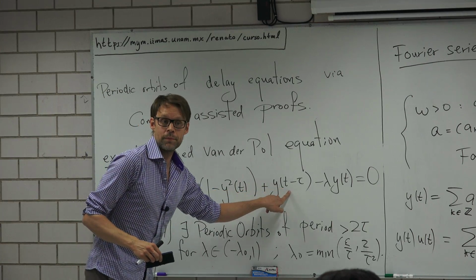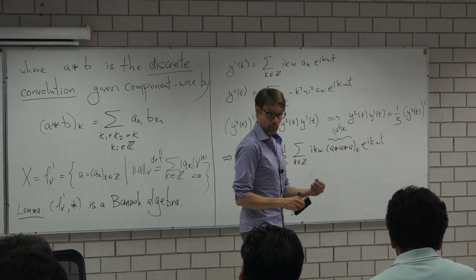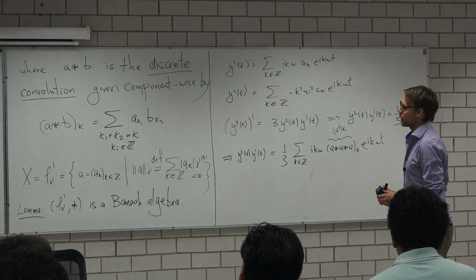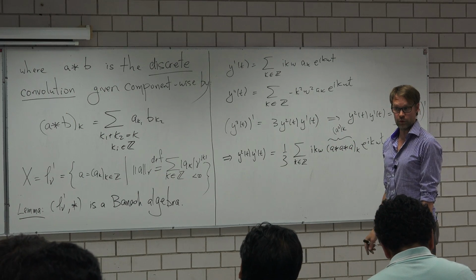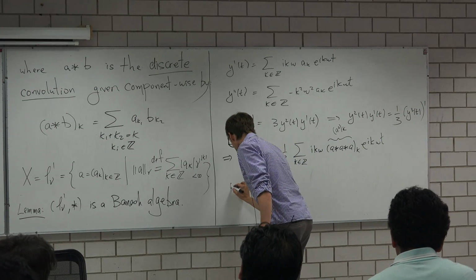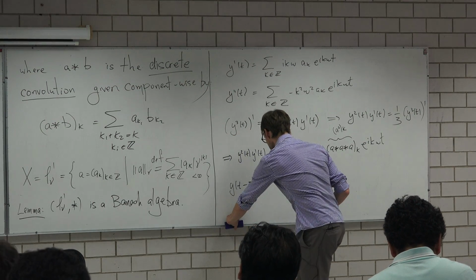And then there's this term, and that's why Fourier series are so nice when it's time to study delay equations. If you're looking for a periodic orbit, the time shift is actually diagonal with respect to Fourier coefficients. So if you look at y at time t minus tau, then what is this?